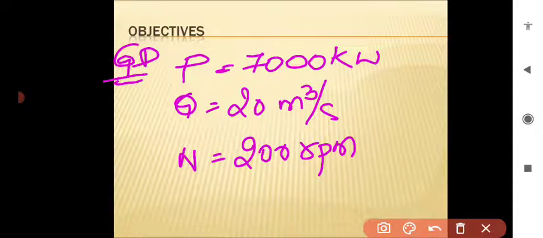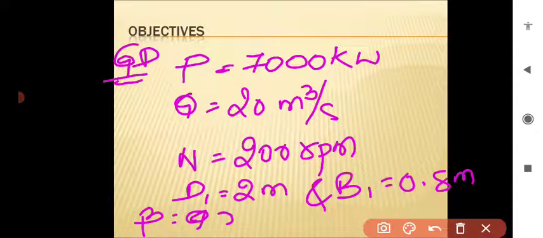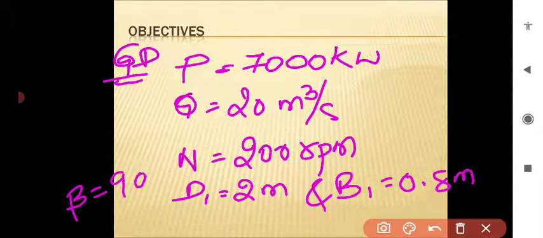The dia of runner at inlet D1 is equal to 2 meter, and the breadth of opening at inlet B1 is equal to 0.8 meter. So this is the given data. Assume that the discharge is radial at outlet, so that beta is equal to 90 degrees.